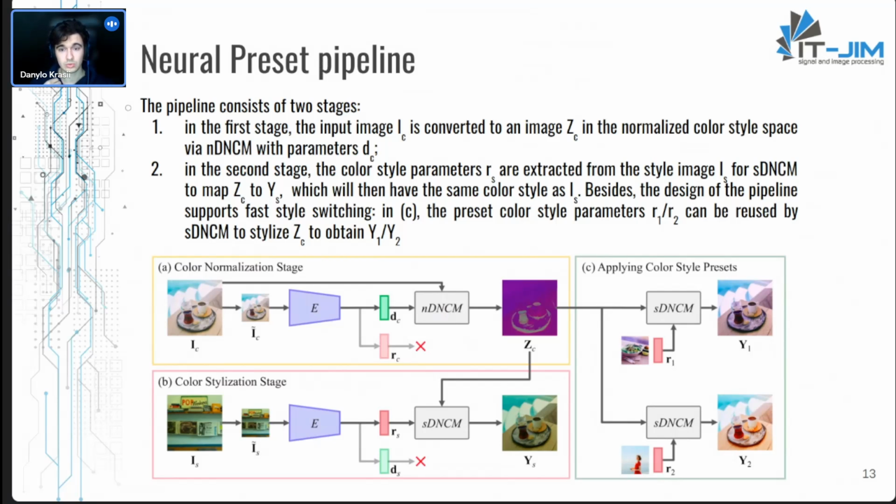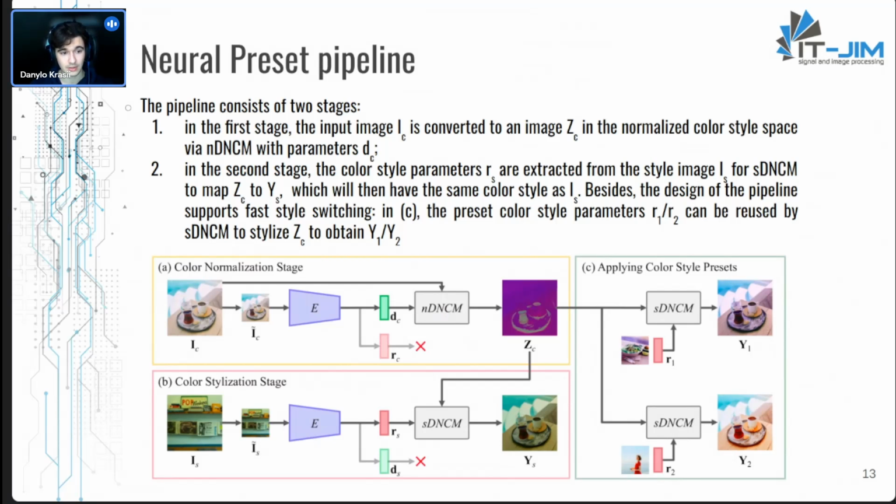So how to represent the image content? The authors proposed to learn a normalized color style space representing the image content by backpropagation. In such a normalized color style space, images of the same content but with different color styles should have a consistent appearance, that is, the same normalized color style.